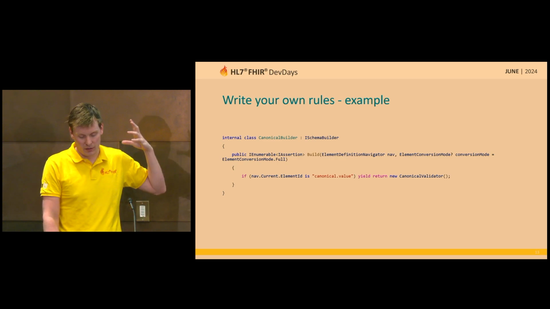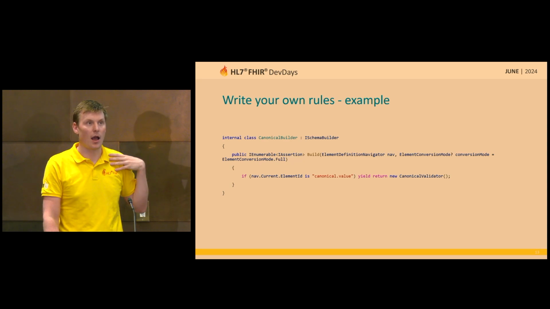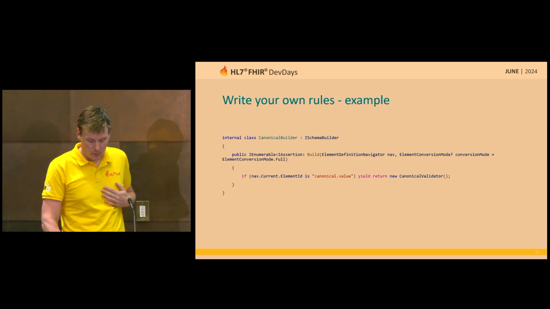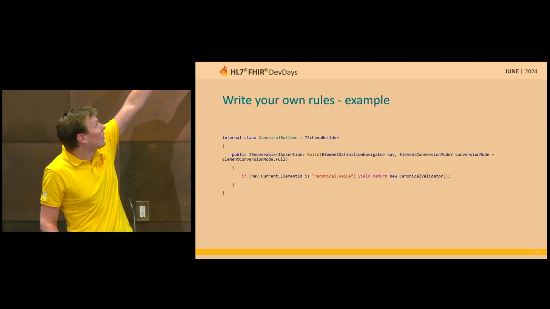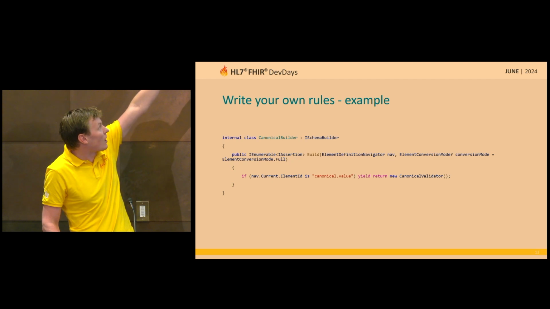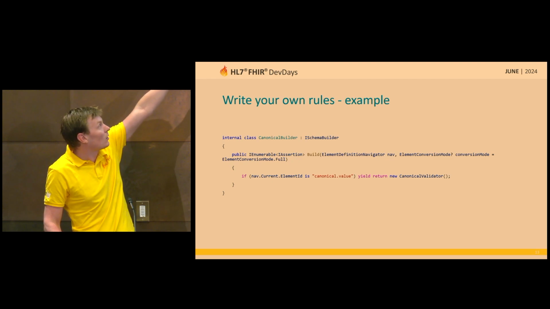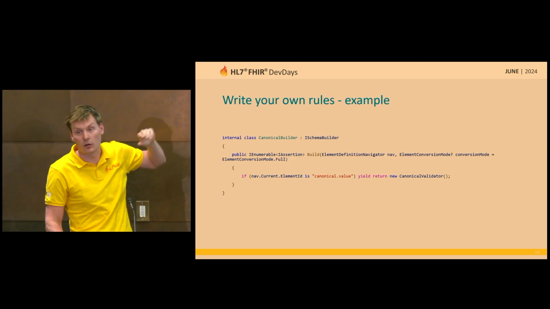It has one function to implement, called build. And you can see if we encounter an element ID called canonical.value, we will return a new canonical validator.